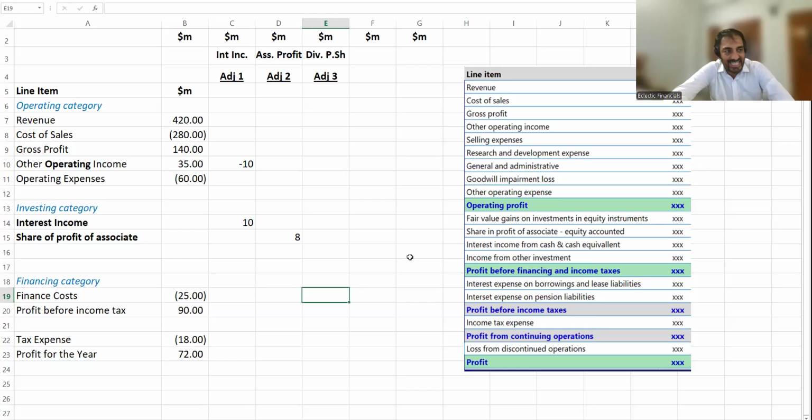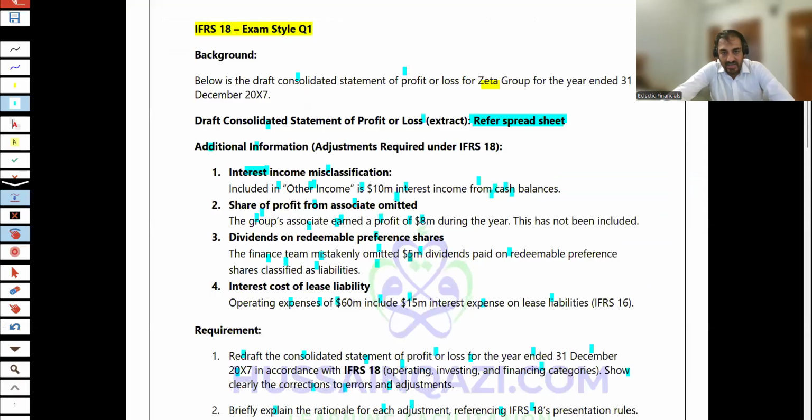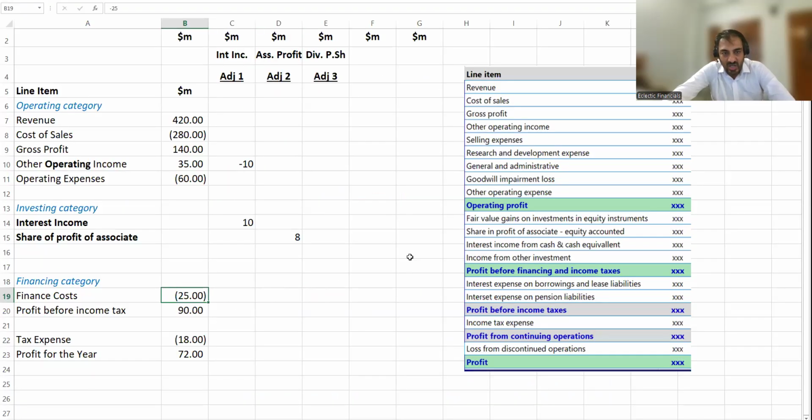The finance cost is 5 million. So that's the cost now. If the finance cost is mentioned as 25, here also we need to add. So minus minus plus. Actually we are using the sign minus, but we are adding here in fact.